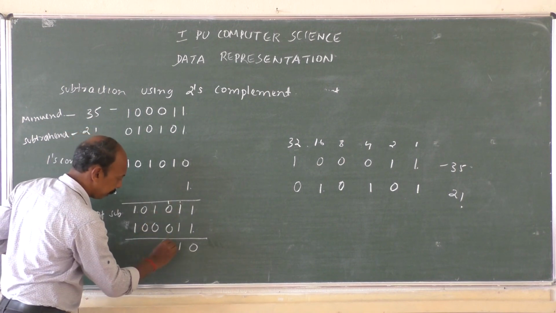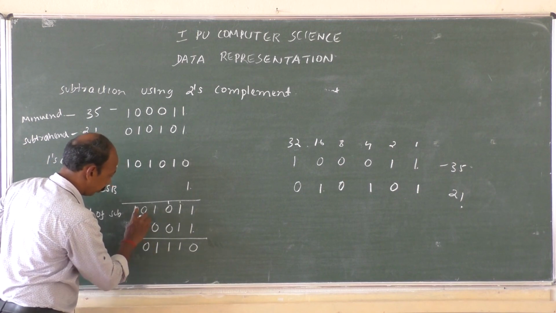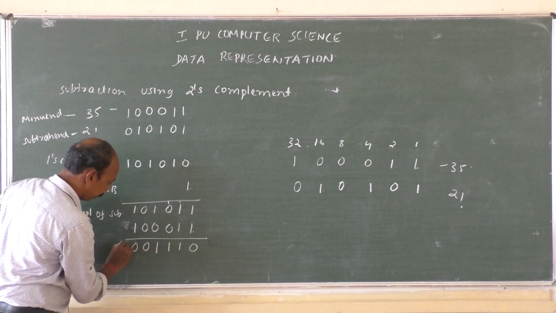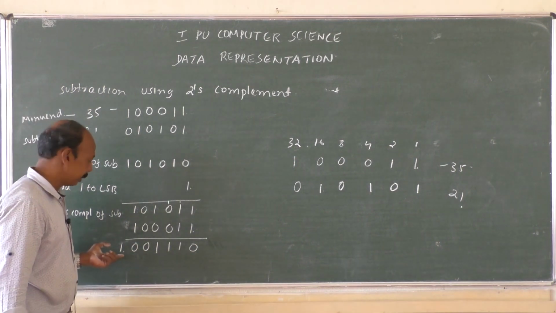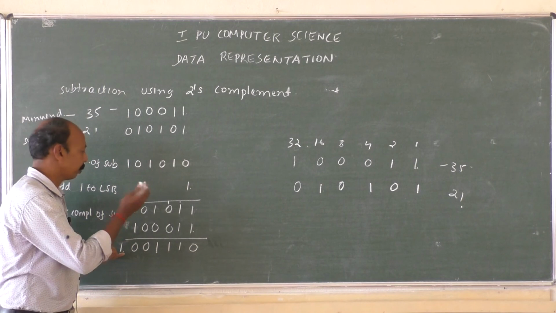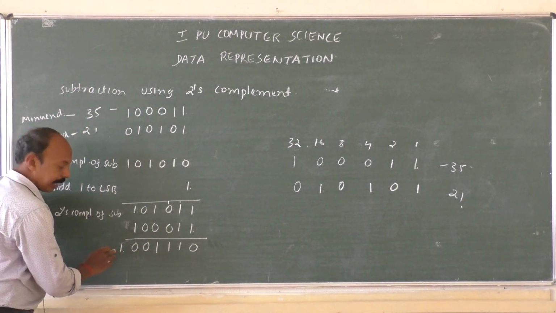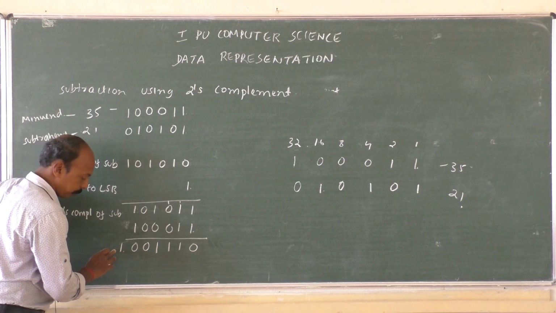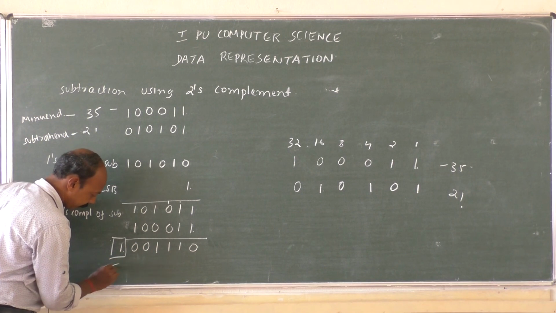So that 1 will be here. This 1 is here. This is 0. And 1 and 1 will be 0 with carry 1. Of course, we got 1. If it was 0, something is wrong somewhere. Now, there is end around carry here. What we have to do? We have to discard this.